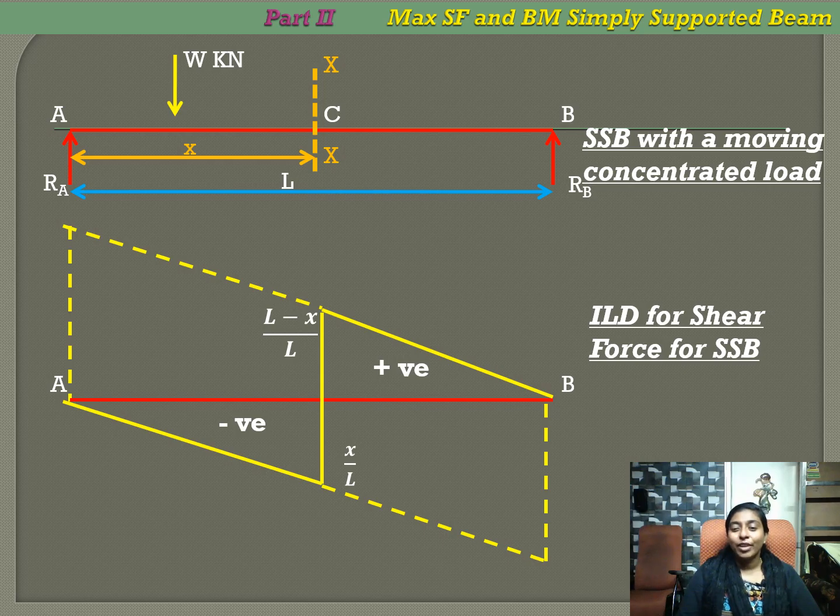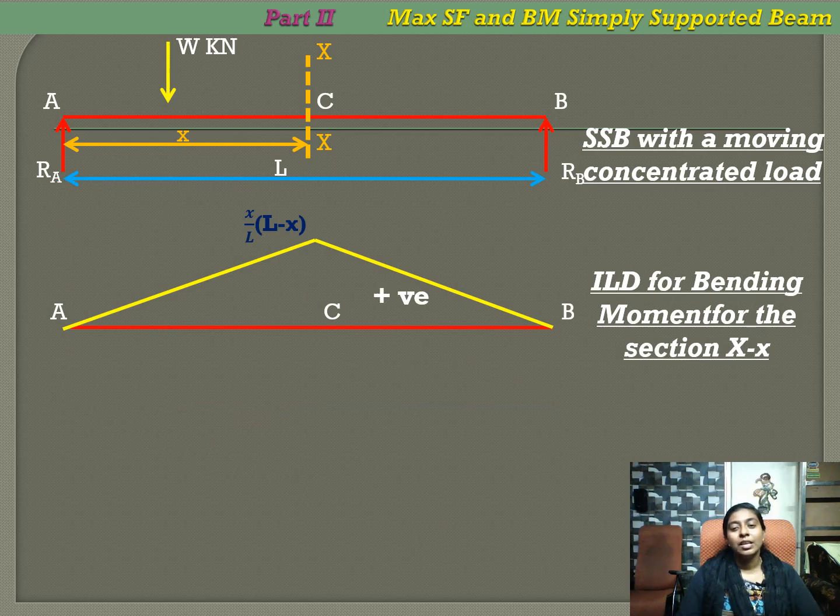So anywhere from A to B, anywhere along the span, the summation of both positive and negative ordinates should be equal to 1. So shear force is over.